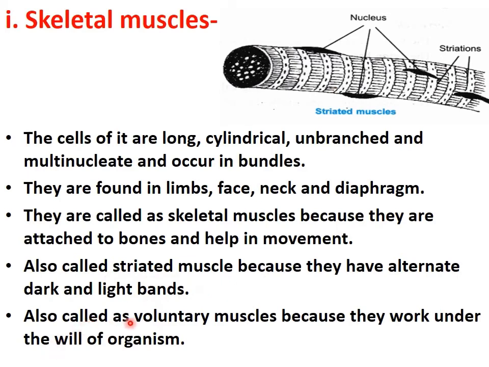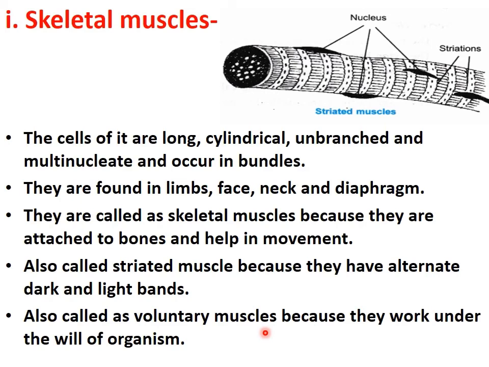Now, one important thing: these muscles are also called voluntary muscles. Dear students, there are two words you must notice here: voluntary and involuntary. Voluntary muscles work under the will of the organism. It means if we want, we can move these muscles. We can move our face whenever we want, our neck whenever we want, our hands and legs whenever we want.